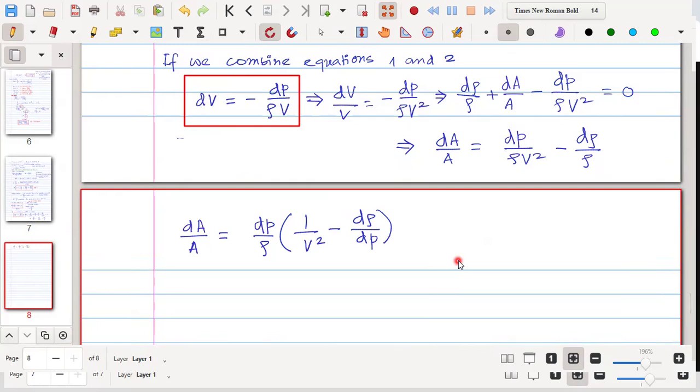Okay. So this is also one important relation. This is equation 3.